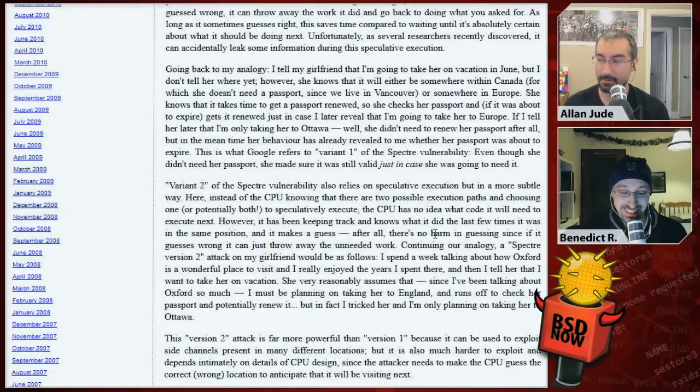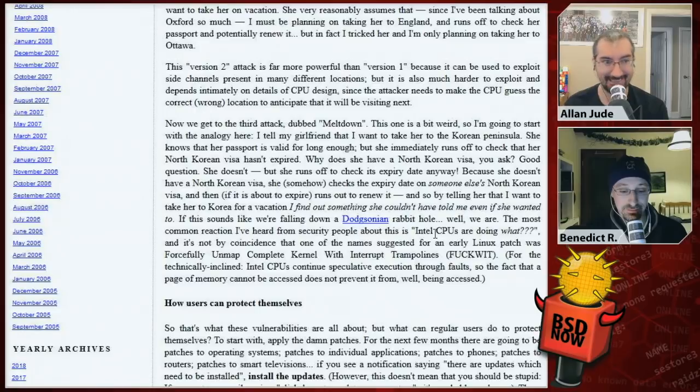And so that leads us to Meltdown. This one gets a little tortured, but it's okay. So Colin tells his girlfriend that he's going to take her to the Korean Peninsula for vacation. She knows that her passport is valid for long enough, but she immediately runs off to check that her North Korean visa hasn't expired. Why does she have a North Korean visa, you ask?